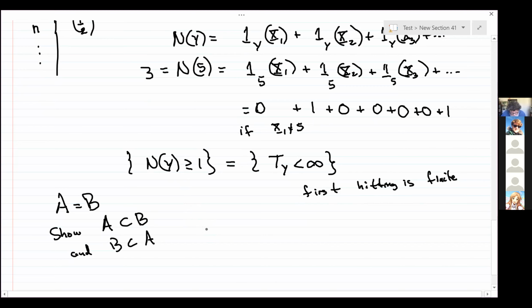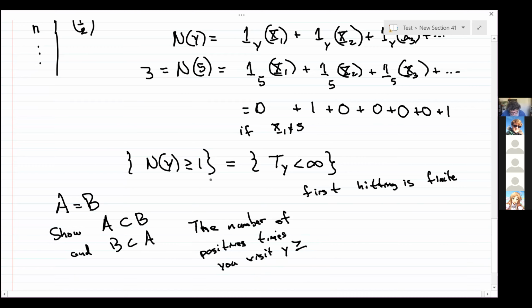So the number of positive times you visit Y is greater than or equal to 1.